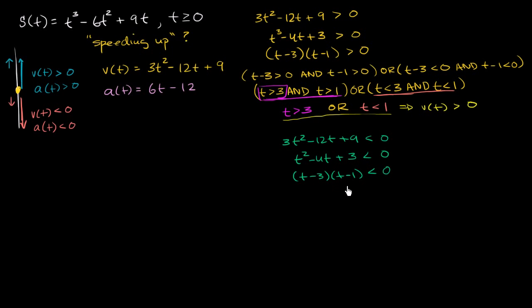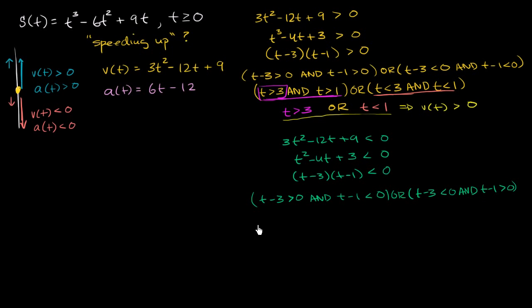You're going to have something less than 0 when they have opposite signs. So either t minus 3 is greater than 0 and t minus 1 is less than 0, or t minus 3 is less than 0 and t minus 1 is greater than 0.